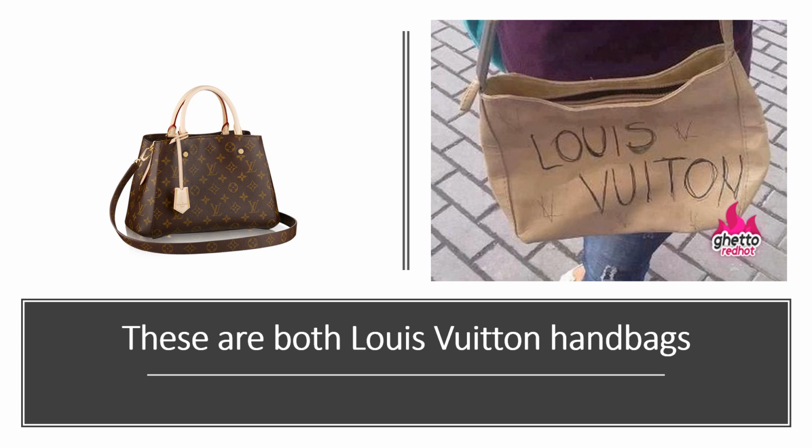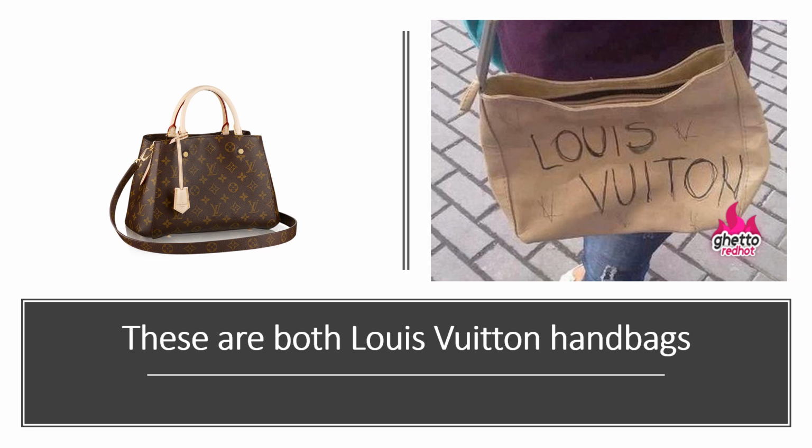So functionally, they are absolutely identical. In terms of the name that is written on them, they are also identical. The bag on the left is very clearly a Louis Vuitton handbag, and the bag on the right is also very clearly a Louis Vuitton handbag because it tells us it's written there.